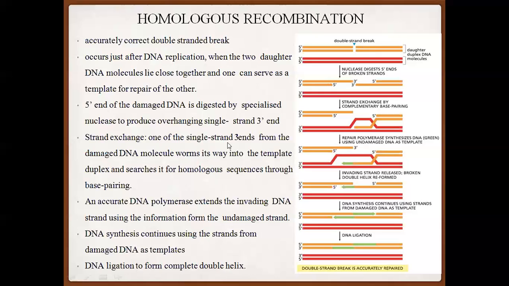I am not going to study the detailed features, but one thing you need to know is that it is a very accurately correct double-stranded break repair. Homologous recombination means the sequences or strands are the same, and non-homologous means not the same.